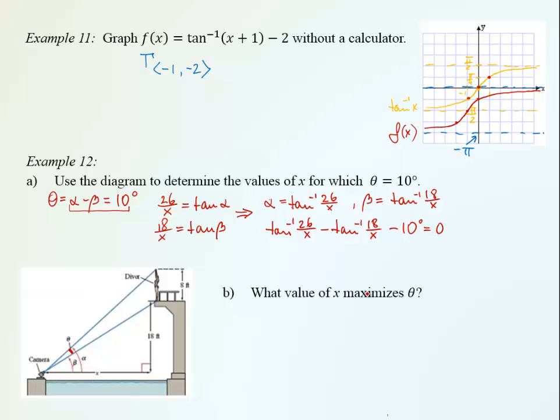So that's 10 degrees. Now we need to find the x's that will satisfy this equation, meaning if I create a function f of x out of the left-hand side of the equation, then I can just plug this function into the calculator and investigate zeros.